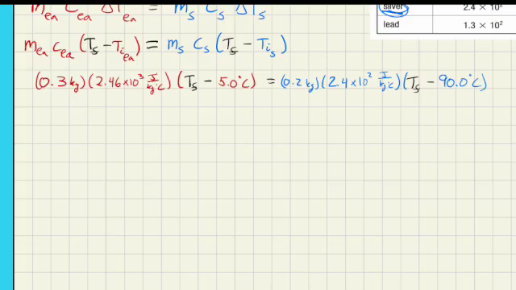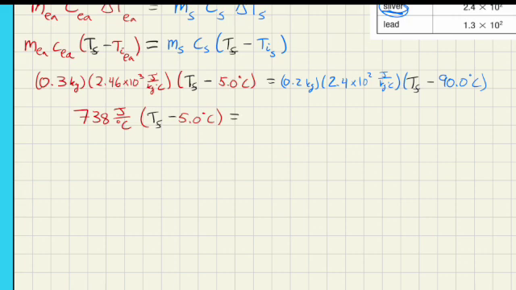So we're going to get 738 joules per degree Celsius, if we really care about units. Those kilograms are going to cancel out. And all of that is multiplied by TF minus 5 degrees Celsius.